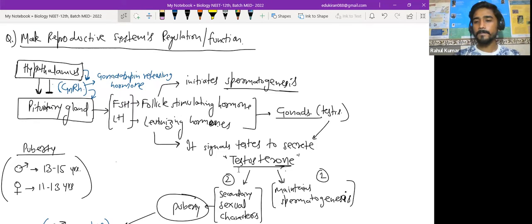So if you write the term androgen and do not write the term testosterone for maintaining spermatogenesis and secondary sexual characters, the examiner, if not in a good mood, can deduct your marks. So you would not like that to happen. If you are writing the term androgens, you also have to write specifically testosterone being the major player. Okay.